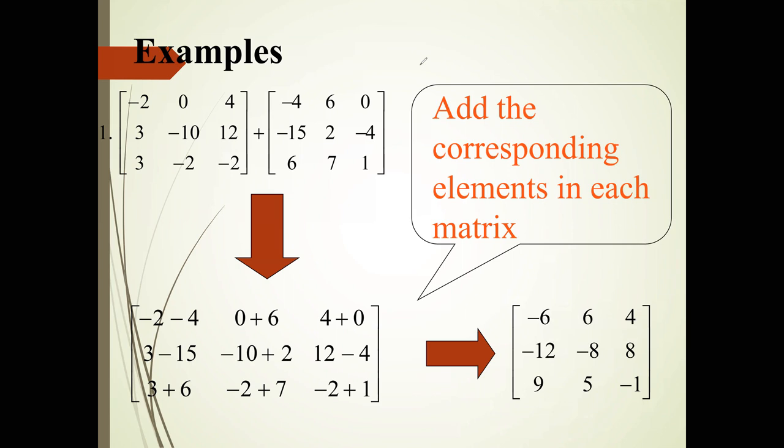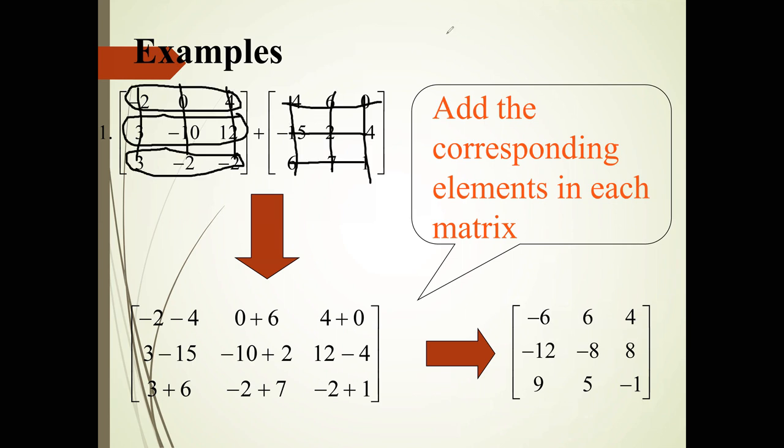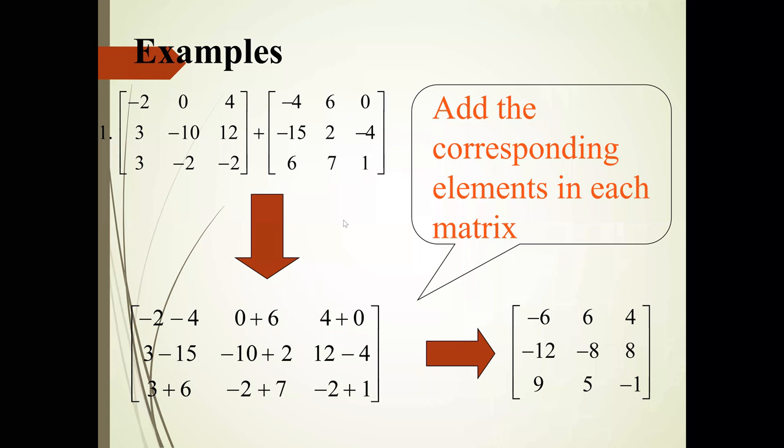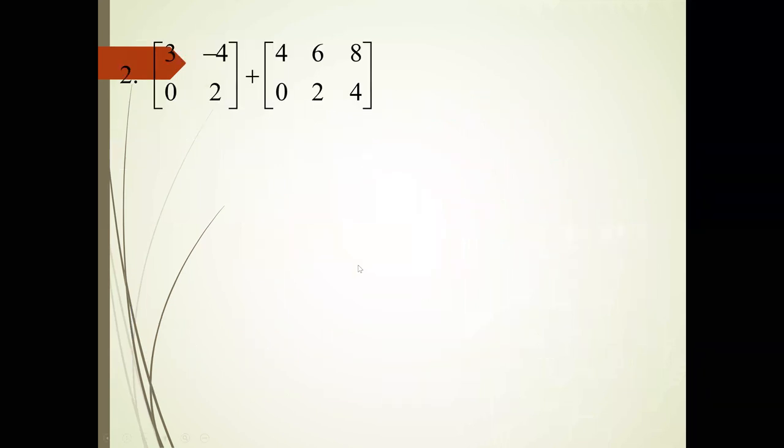All right, let's look at another example. All right, so we're going to look at another example now. Here we have 3, -4, 0, 2 to be added to 4, 6, 8, 0, 2, 4. You may be wondering, can we add these two matrices?